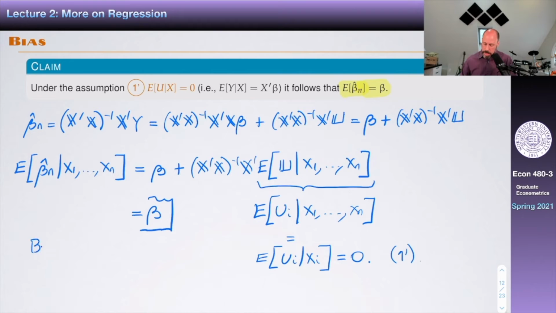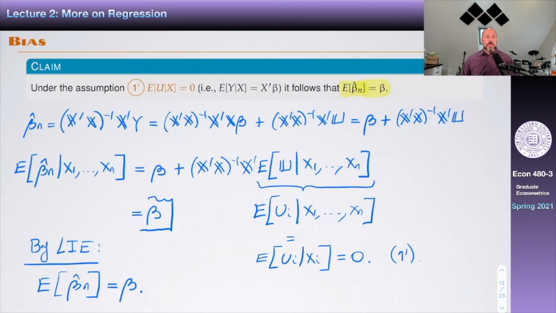And so by the law of iterated expectations, since the conditional expectation is equal to beta, of course the unconditional one is also equal to beta. And that's the result. So all we used for this result is just writing beta hat in this form that we did at the top, which is typically convenient to work with for this type of result.